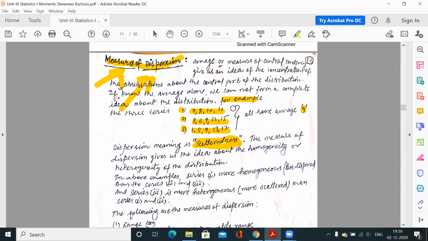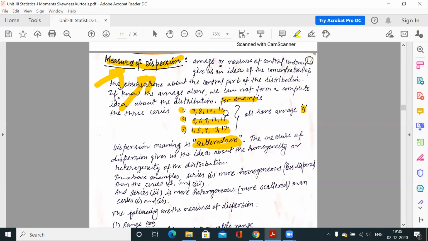If you observe the first series, the average is 9, and all the data points, 7, 8, 10 and 11, are very close to this average value 9. If you observe the second series, the points are 3, 6, 9, 12, 15.